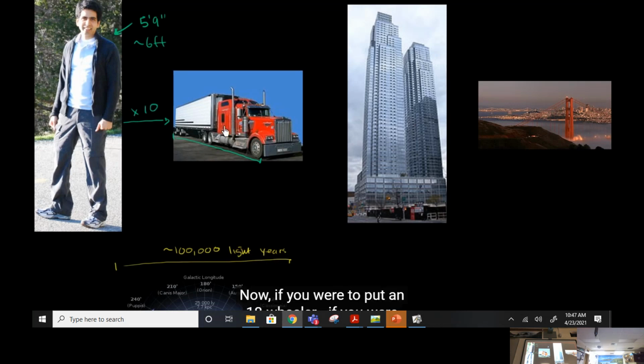Now, if you were to put an 18 wheeler, make it tall as opposed to long, somehow stand it up, and you were to do that 10 times in a row, you'll get to the height of roughly a 60-story skyscraper. So once again, if you took me and you piled me up 100 times, you'll get about a 60-story skyscraper.